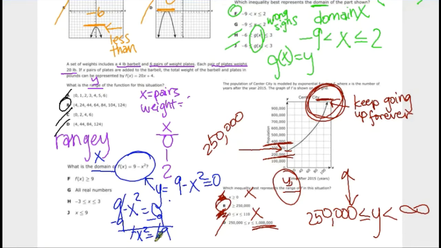The negatives cancel. And you get x squared equals 9. So square root of 9 is negative 3 and 3. So our value is going to be somewhere in between there. So it's got to be h. Now, if you have a calculator, guys, you can put it into the graph, and you'll notice that negative 3 and 3 are going to be the values that we need.